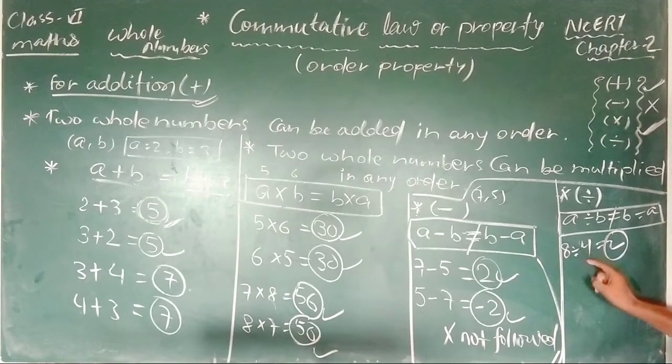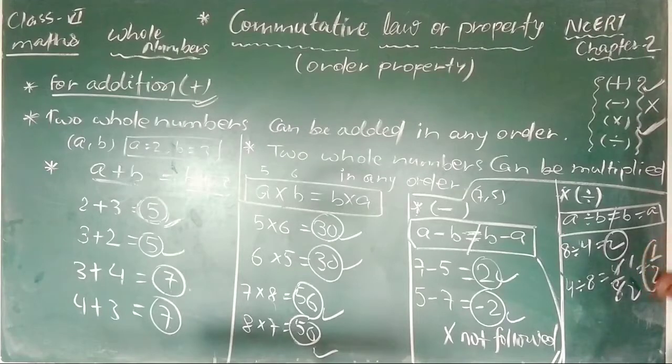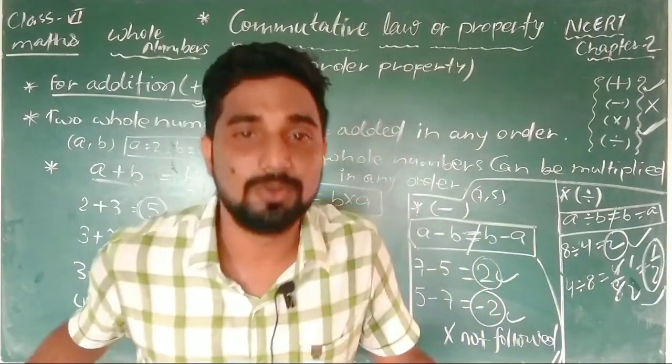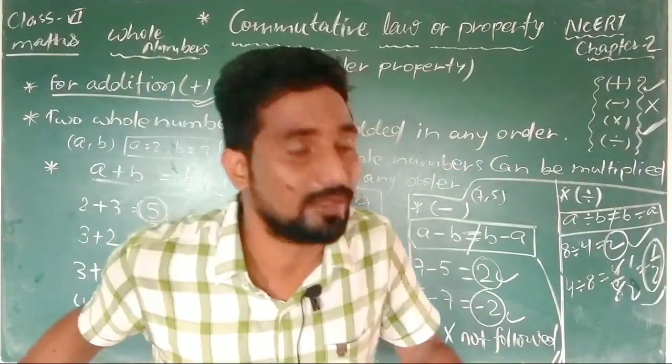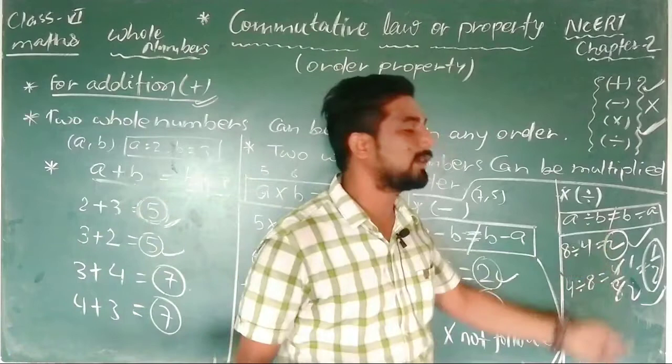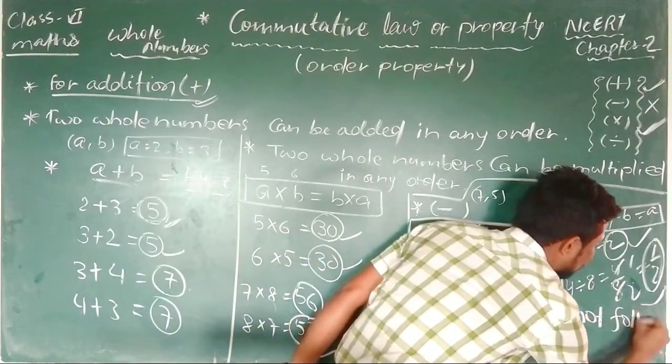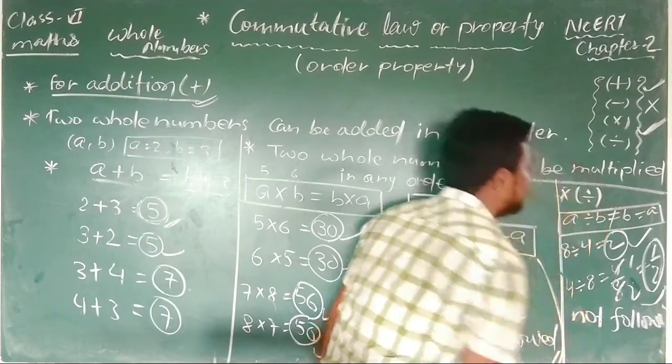Now you change the order and divide 4 by 8, what will come? 4 by 8 will come 1 by 2, I mean to say 1 upon 2. Now you see the result: this is 2, this is 1 by 2. Has the answer come equal? No, it has not. It means this property is also not followed here. This is also not followed.